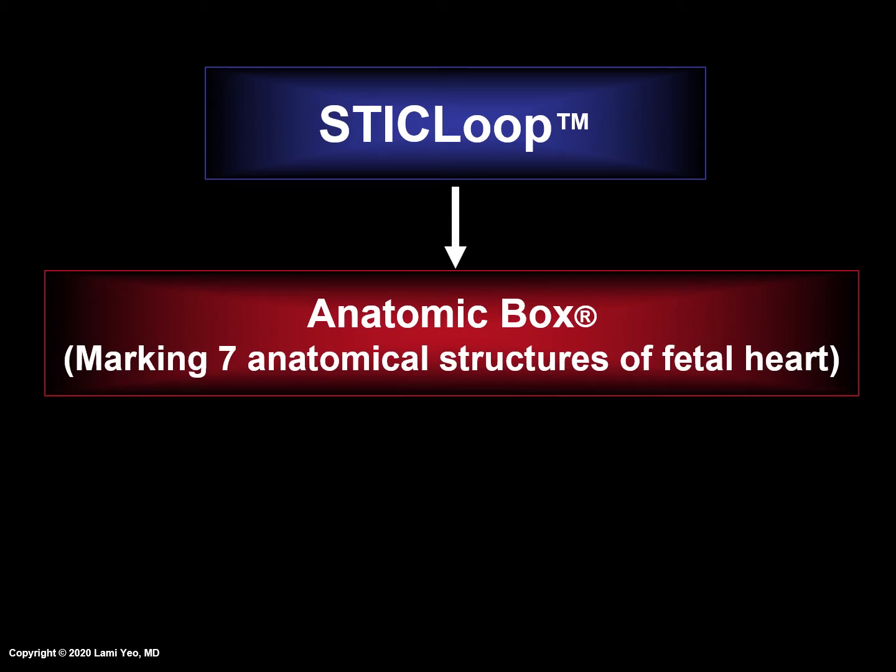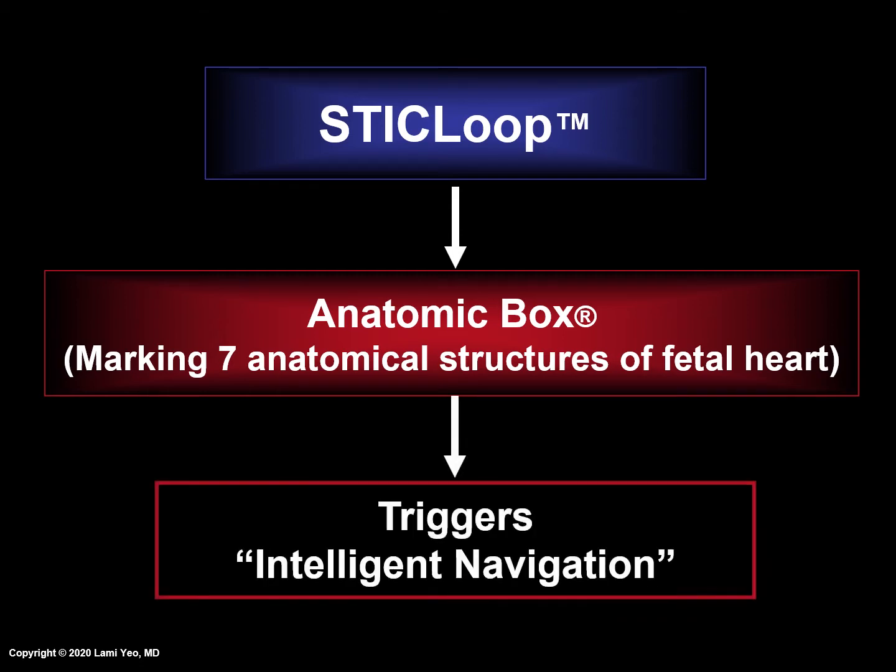As a reminder, after the stick volume has been determined to be appropriate using stick loop, the next step is to mark anatomical structures of the fetal heart within the stick volume using the anatomic box tool, and once marking is completed, this triggers intelligent navigation technology.